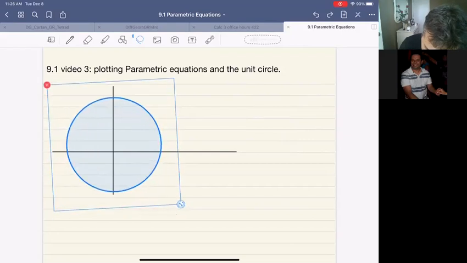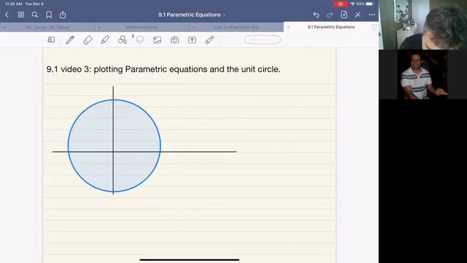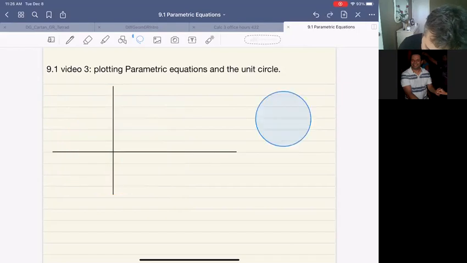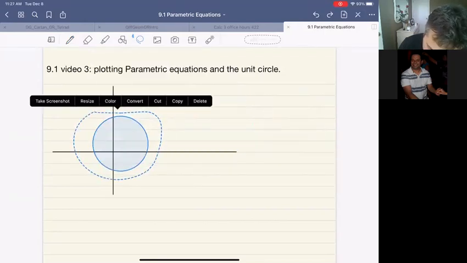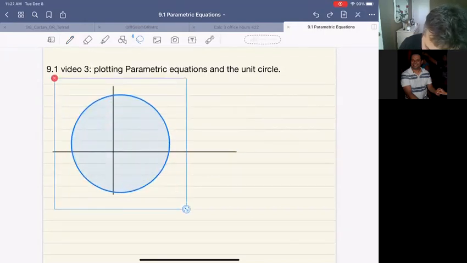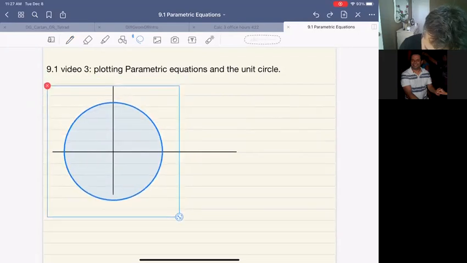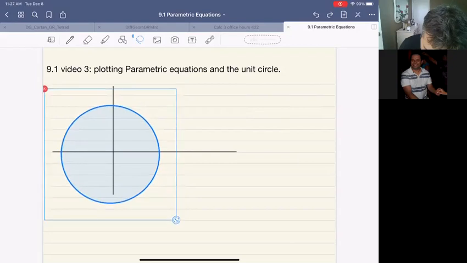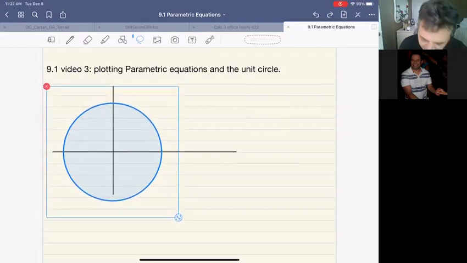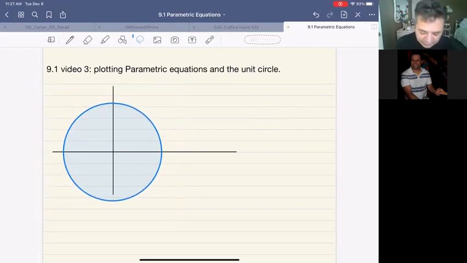A little bigger. There we go. That'll do. That'll do.